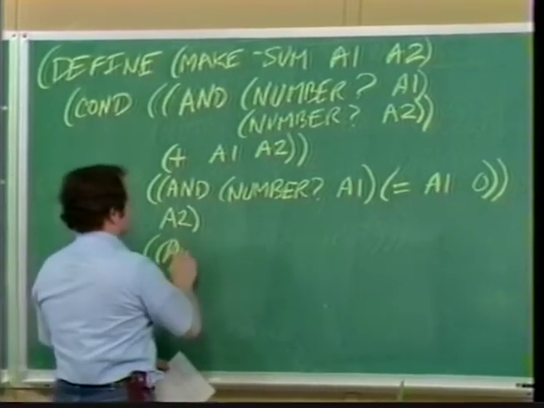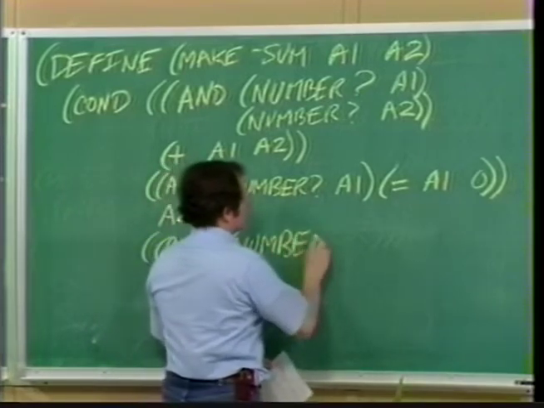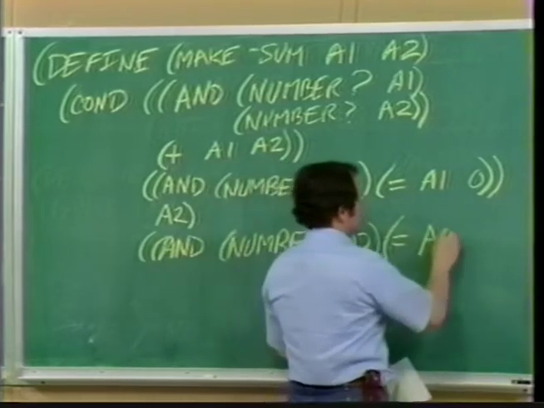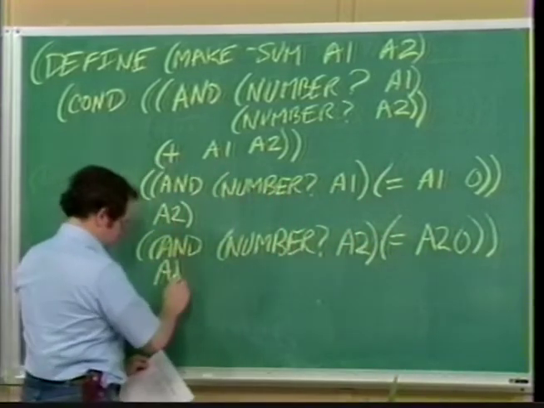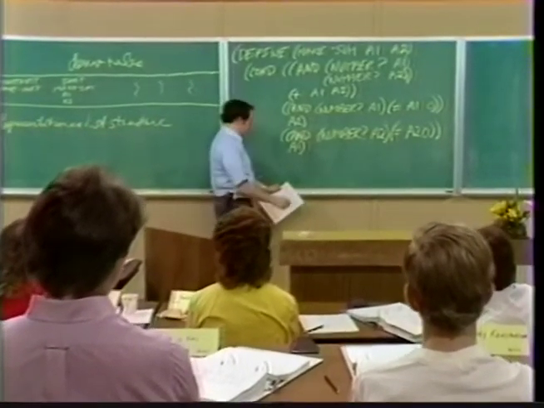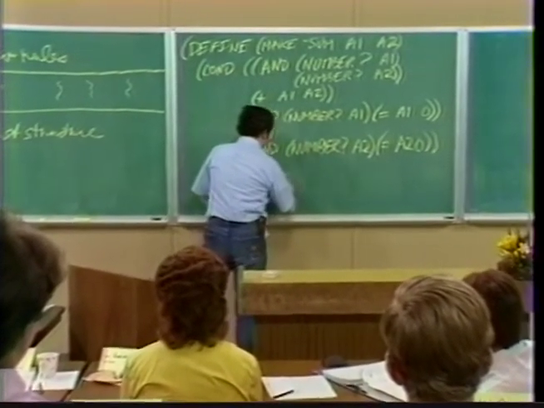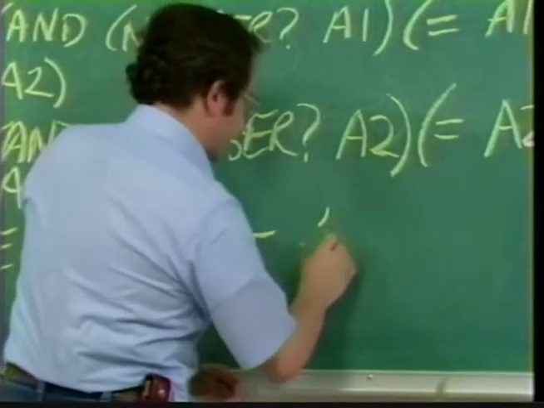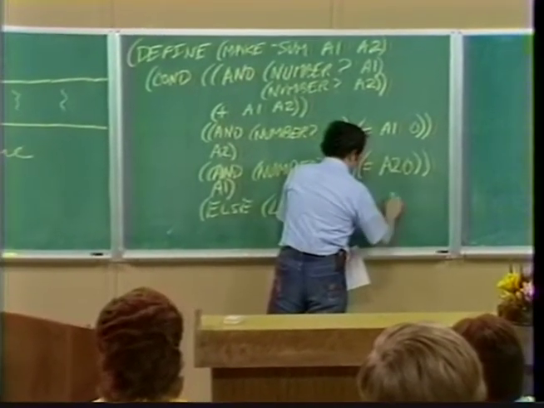And if A2 is a number and equal to 0, then the result is A1. And only if I can't figure out something better to do with the situation will I construct a list. Otherwise, I want the representation to be the list containing the quoted symbol plus, and A1 and A2.